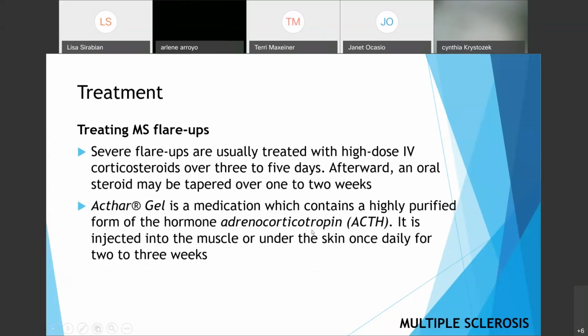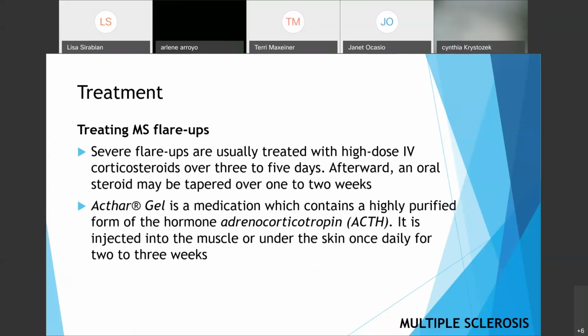Then this is where we're talking about a true flare-up. If there is a true severe symptom flare-up, they usually treat that with steroids. Going back to our conversation about the pseudo-exacerbation, you wouldn't want to be giving somebody steroids if there's an underlying problem that we need to be treating instead.